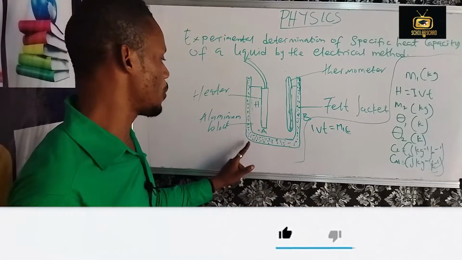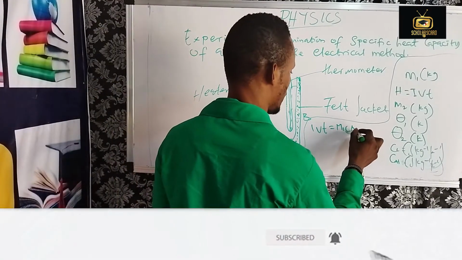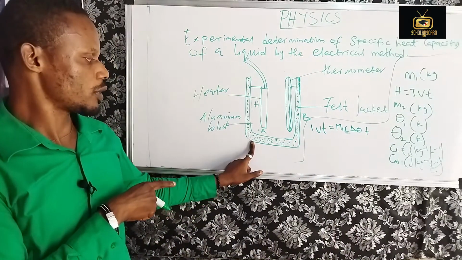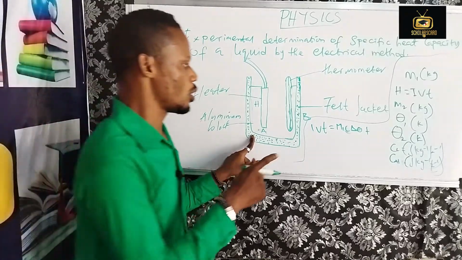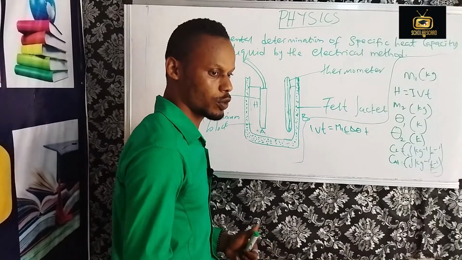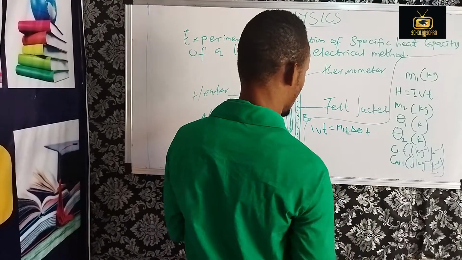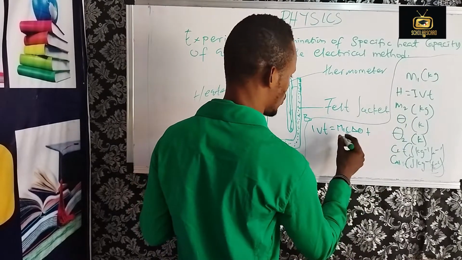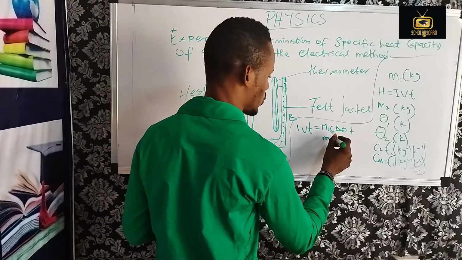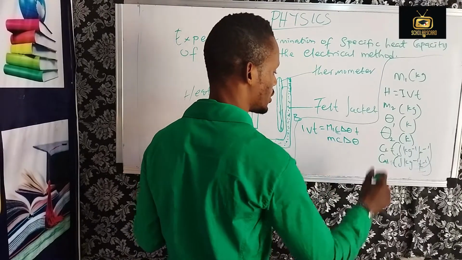Times the change in temperature of the aluminum bowl, from the initial temperature to the final temperature, plus the liquid, the mass of the liquid, which is M2, then the specific capacity of the liquid, and the change in temperature of the liquid from the initial temperature to the final temperature.